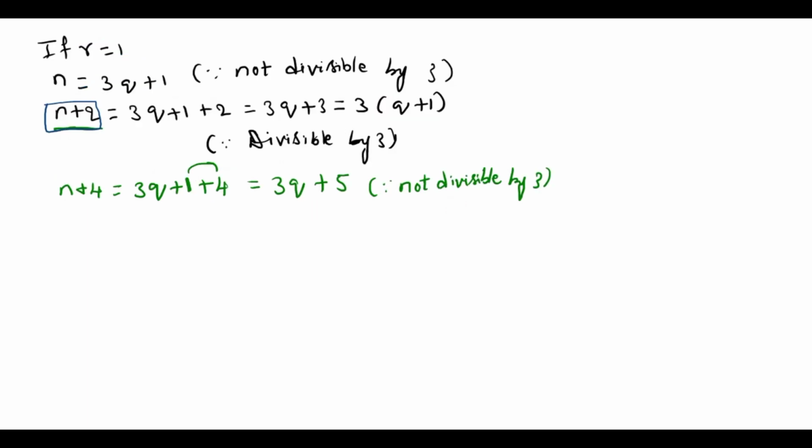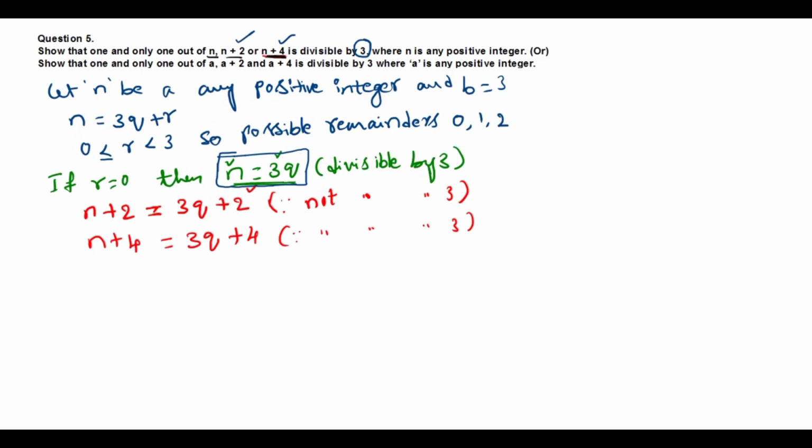In this question they are asking, show that one and only one out of n plus 2 and n plus 4 is divisible by 3. You can write this point as the conclusion. So finally we can conclude that one and only one out of n, n plus 2, n plus 4 is divisible by 3.